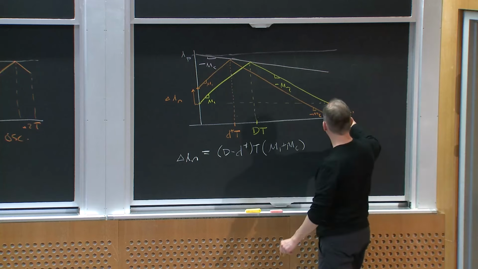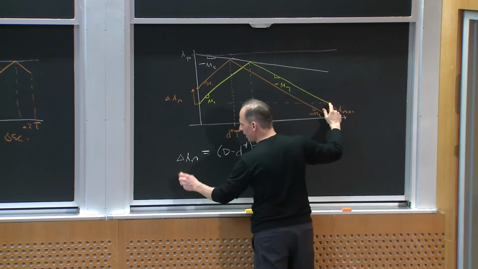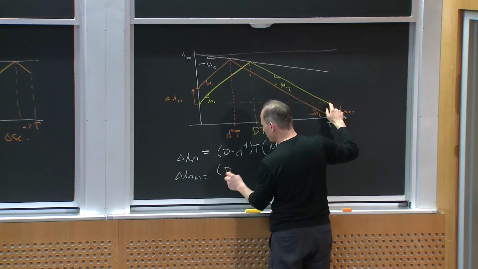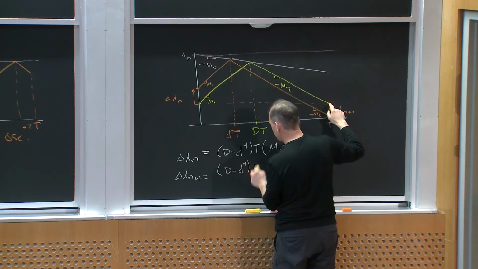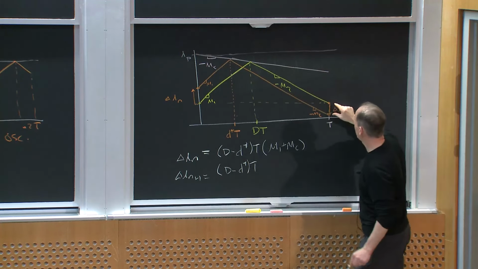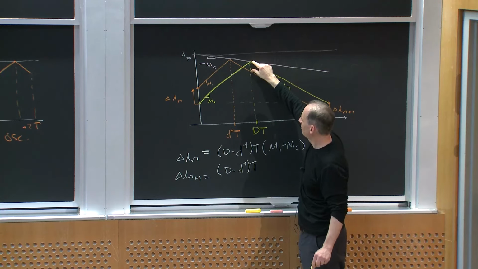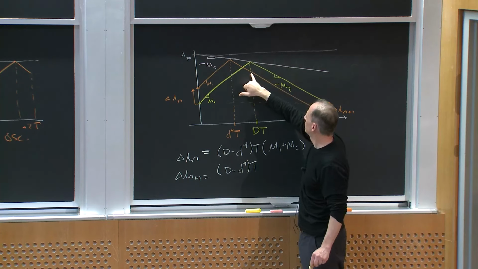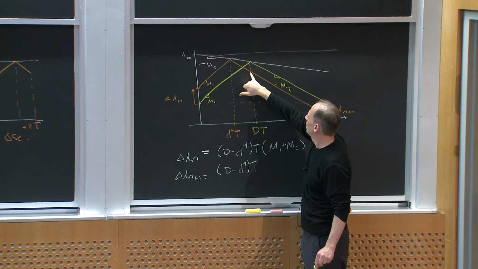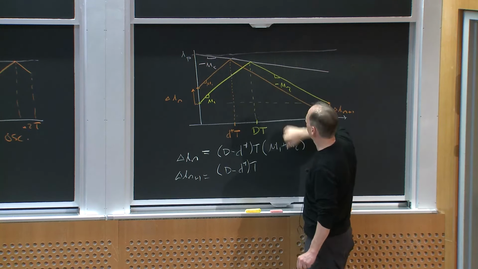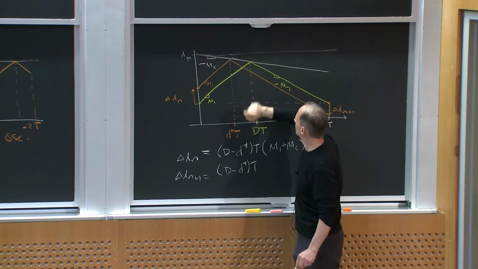I could write this difference, delta I n plus 1, also in terms of D minus D star T. Why? Because these two lines are parallel. And what I've really got is M1, oops, I'm sorry, yeah, M1 plus MC.